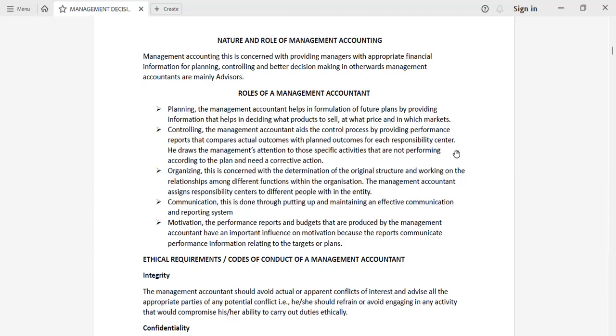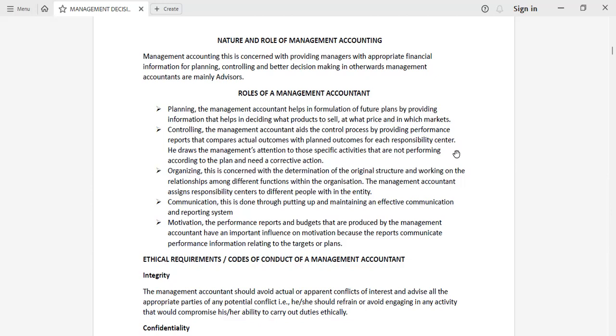Therefore, the performance reports prepared by the management accountant help to see the best course of action to take depending on the performance of its employees. Hence, the management accountant is aiding that motivational process, because then we can also be able to motivate our employees.